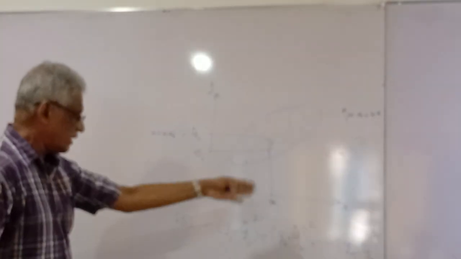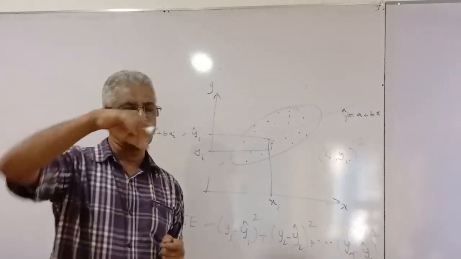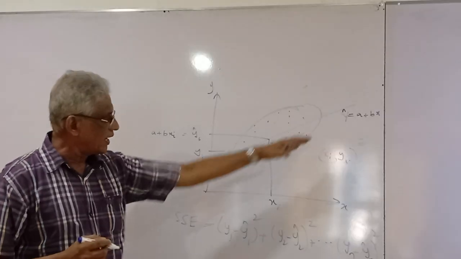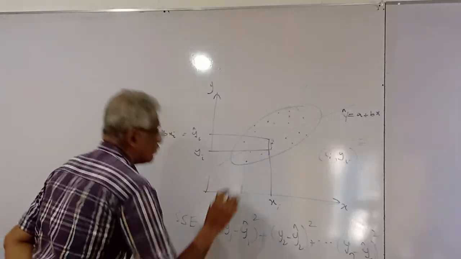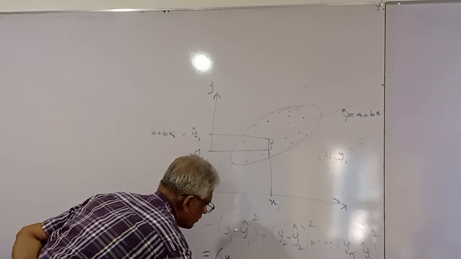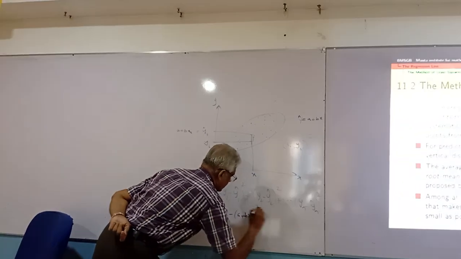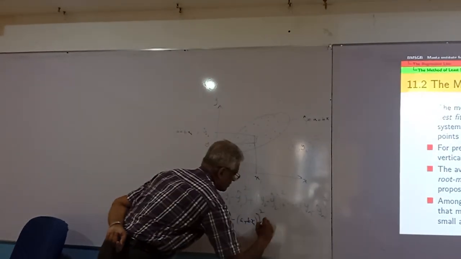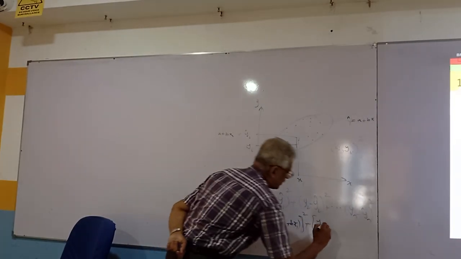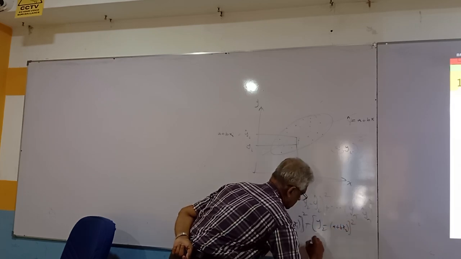So now we want to find suitable a and b. Like, what is the most suitable slope and what is the most suitable intercept. So we have to get a and b into the equation. If you assume a particular line with unknown a and b, you can write this as y1 minus a plus b x1, squared, plus y2 minus a plus b x2, squared.